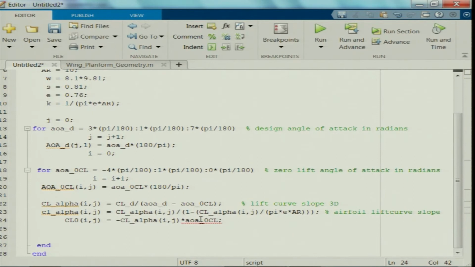So, lift coefficient at 0 alpha for the wing, right. So, we need to now talk about lift coefficient at 0 alpha for the airfoil.